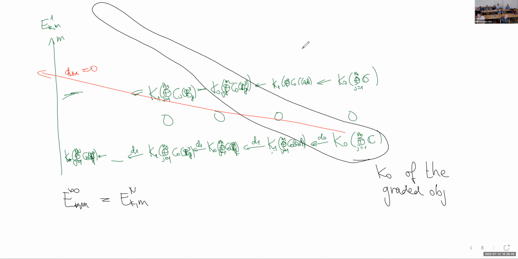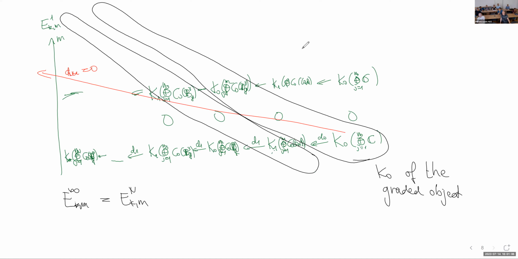Okay. And here, K1, we take the diagonal over the K1s up to the end. So you need to do it on the last page. But we want the graded associated object to K0. Now let's try it for K1. Not K0 of the graded object, it's the graded associated object to K0.